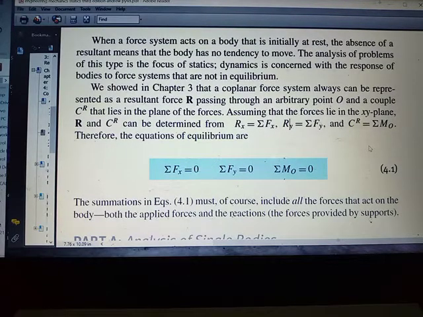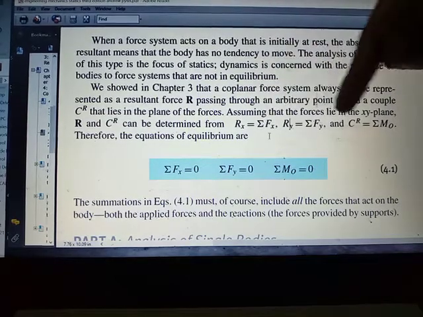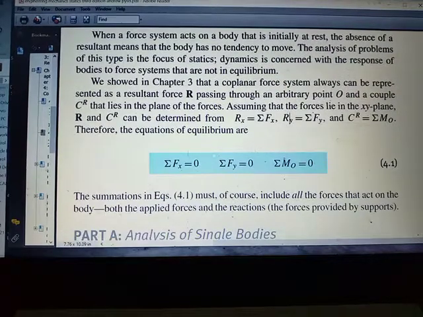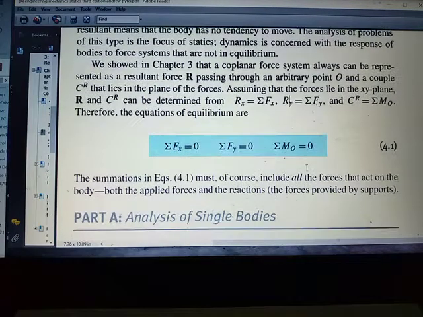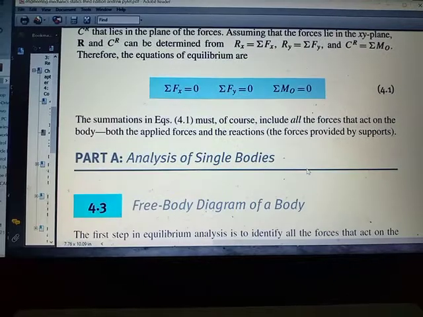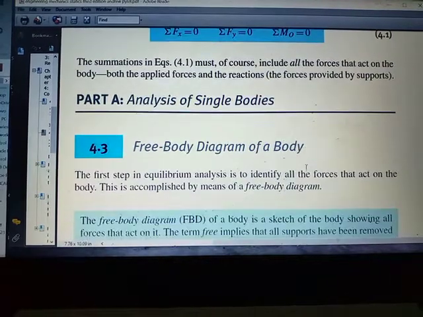But para maging equilibrium yung body mo, dapat yung all the resultant forces and moments equal to 0. So, dapat ito 0, 0, and 0. So, kaya, we come up with these equations. So, let's go to part A, analysis of single bodies.